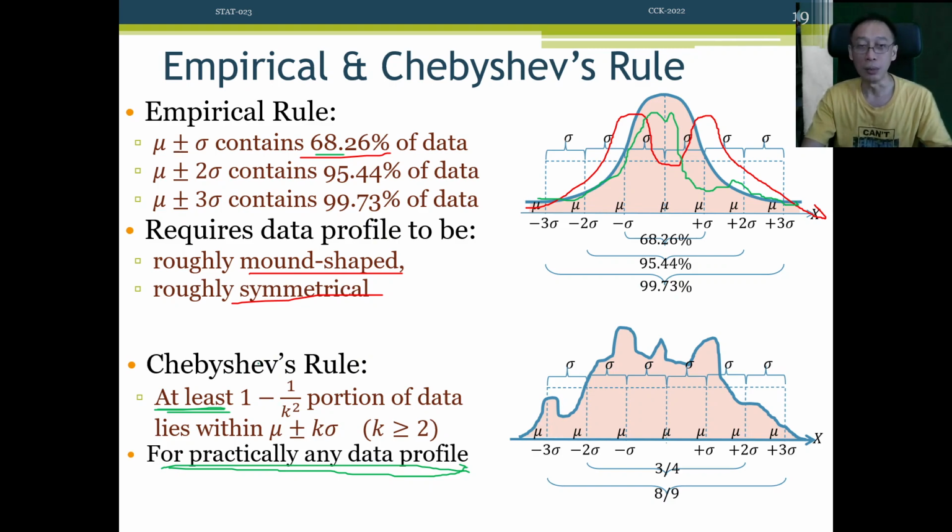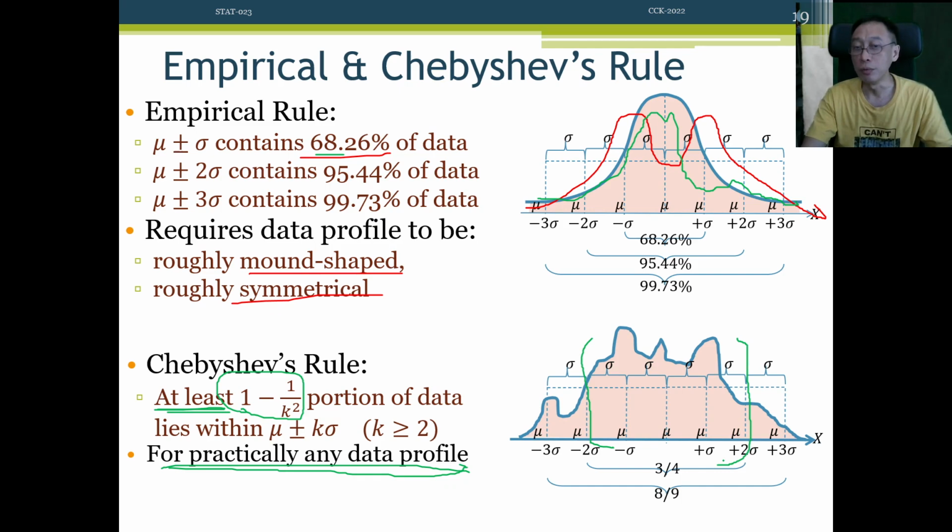So what's the result that Chebyshev's rule tells you? It says at least 1 minus 1 over k squared proportion of data lies within mu plus minus k times sigma, where k is 2 or more. So starting from 2, let's look at this a little bit. Mu minus 2 sigma to mu plus 2 sigma.